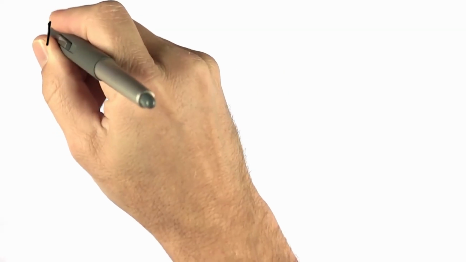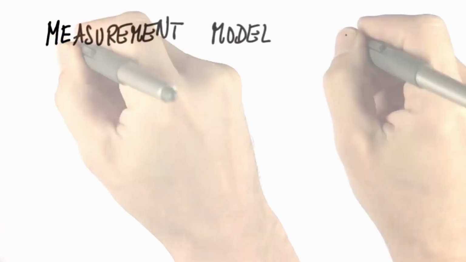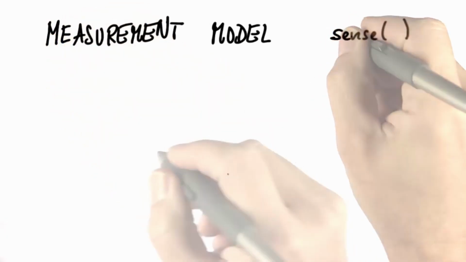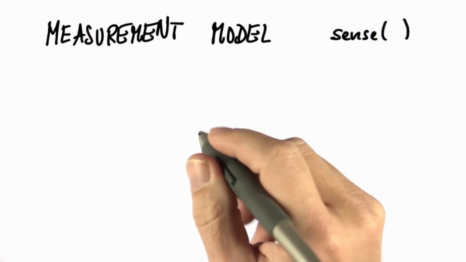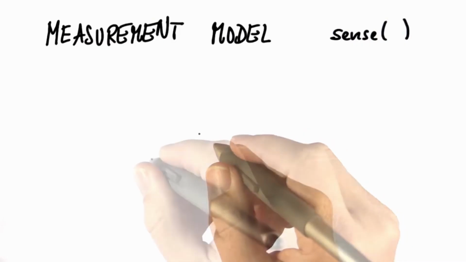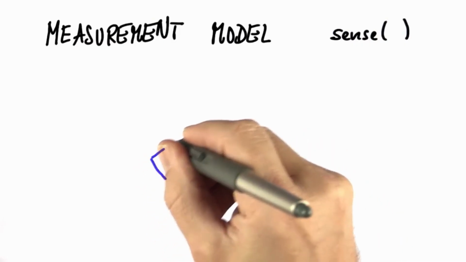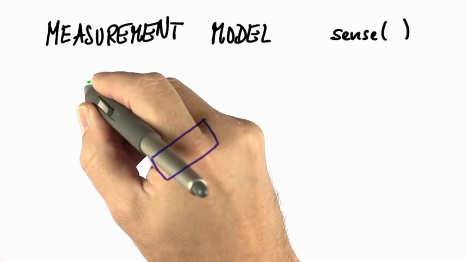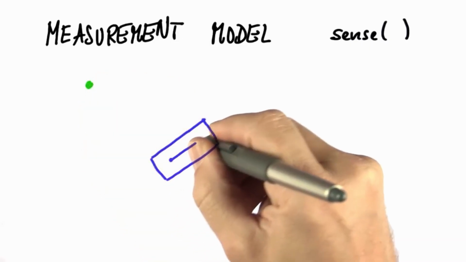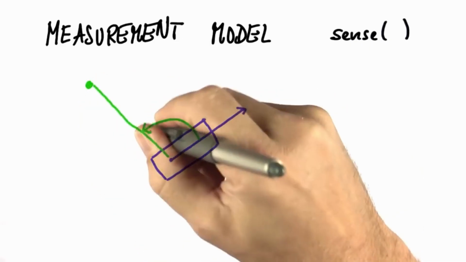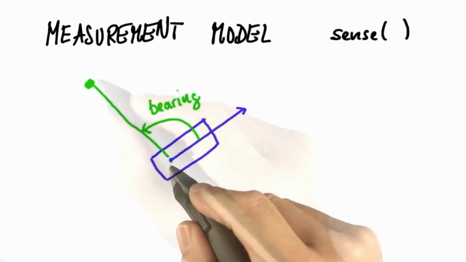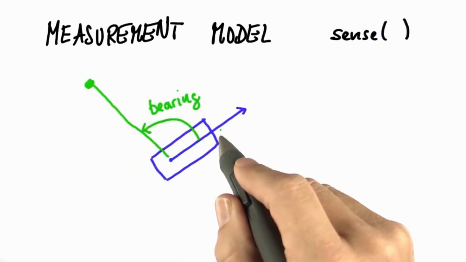Now I want you to implement a measurement model using the function sense that is more characteristic of what's often used in the literature on robotics. Say we have a robot and we have a landmark, then the robot can measure the bearing or angle to this landmark relative to its own local coordinate system.